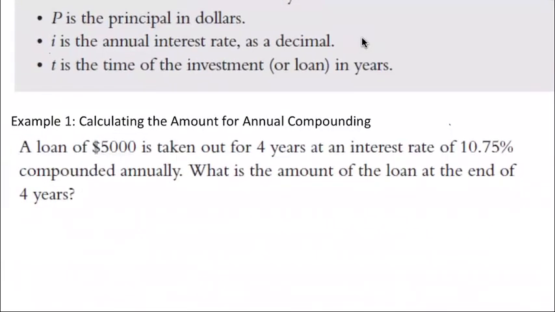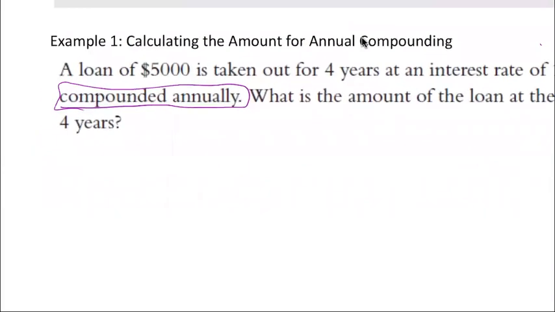Example 1, calculating the amount for an annual compounding period. A loan of $5,000 is taken out for 4 years at an interest rate of 10.75%, compounded annually. So this is the phrase that you're looking for, compounded somehow. So compounded annually. What is the amount of the loan at the end of 4 years?